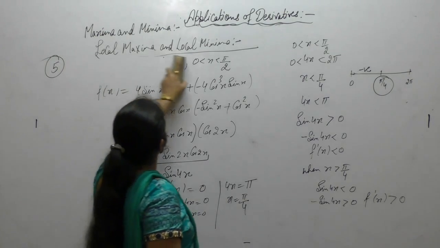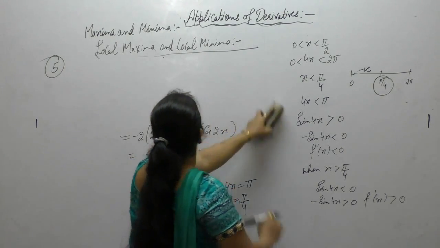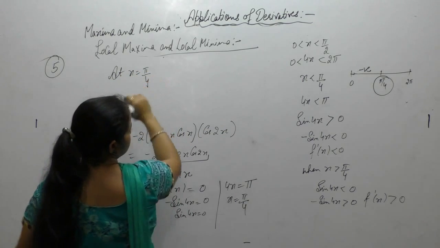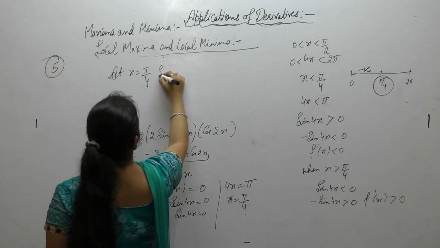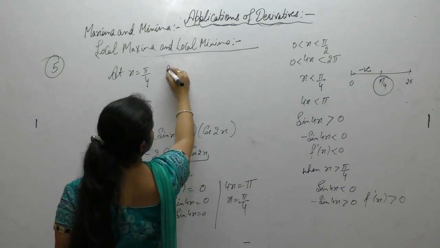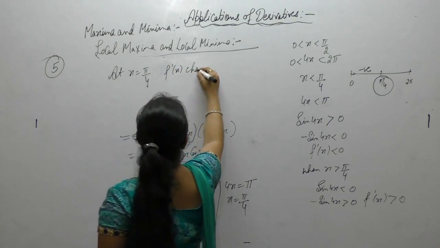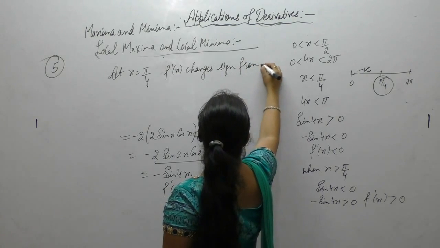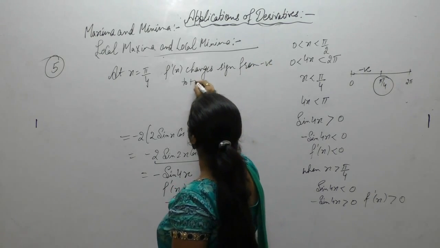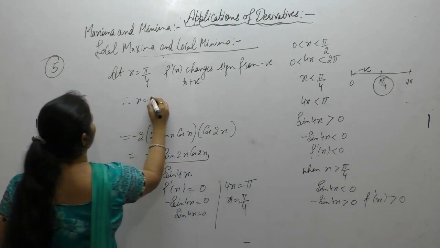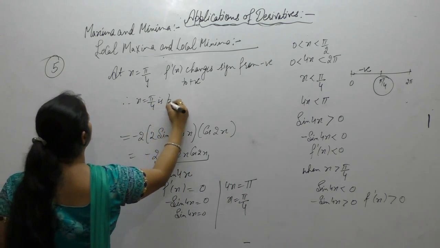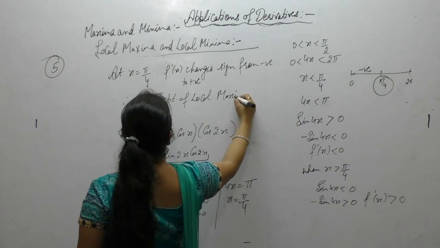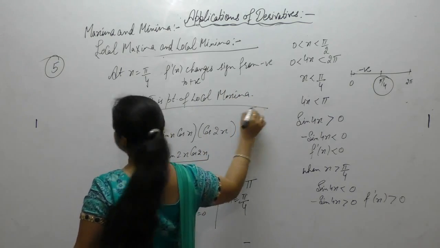At x equals pi by 4, f dash x changes sign from negative to positive.